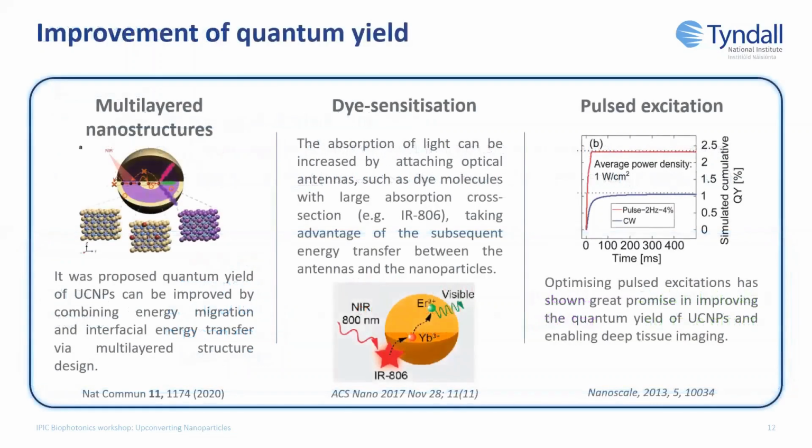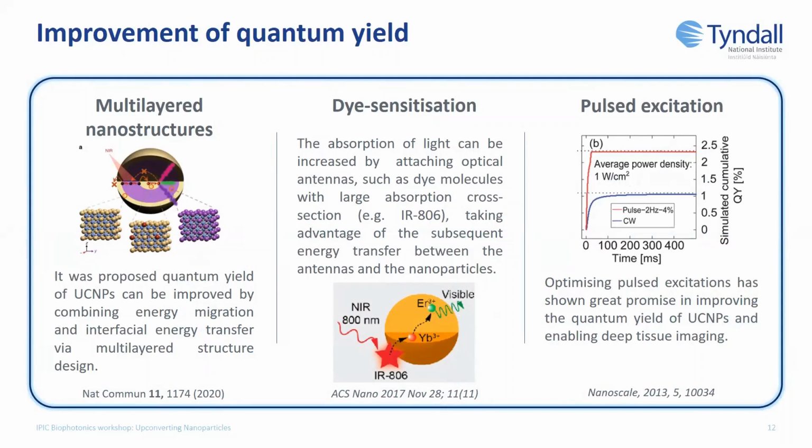So there are a few other methods that can be used to improve quantum yield. For example, a multi-layer structure. When we stack up those shells, we call it a multi-shell structure. Then we can improve not only the absorption, but also the energy transfer between the ions, and that could improve the quantum yield.